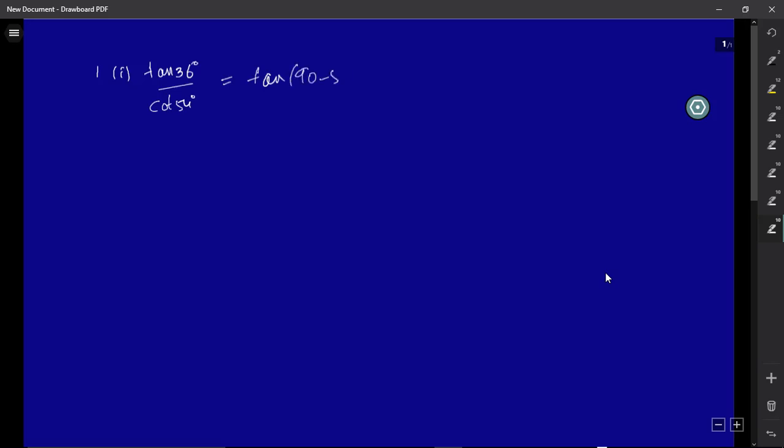36 degrees I can write as 90 minus 54, because 90 minus 54 is how much? 36. Cot 54 in the denominator I am writing as it is. Now I know that tan of 90 minus theta is cot theta. So tan of 90 minus 54 will be cot 54 degrees.